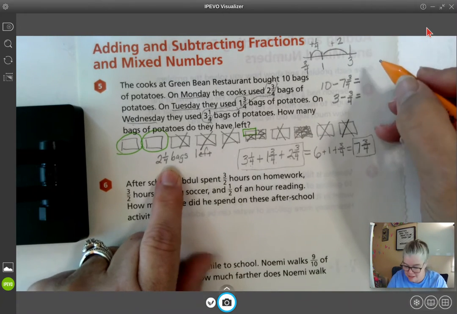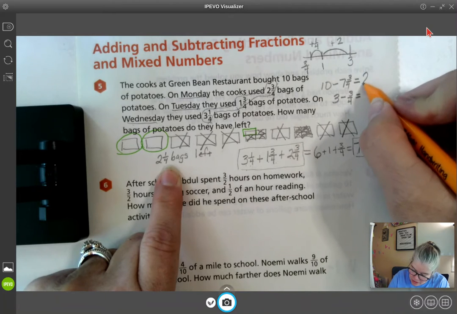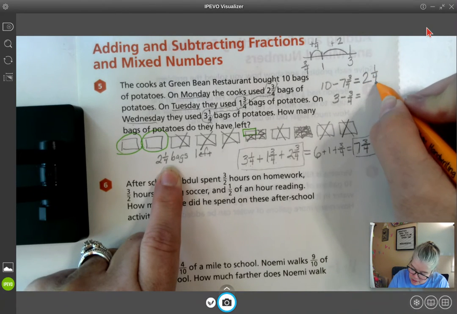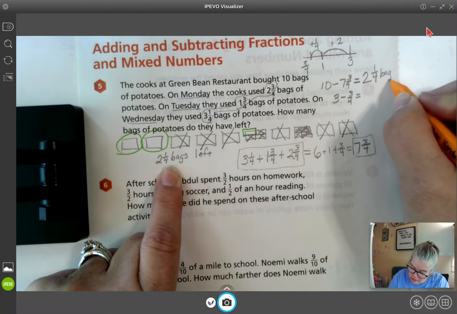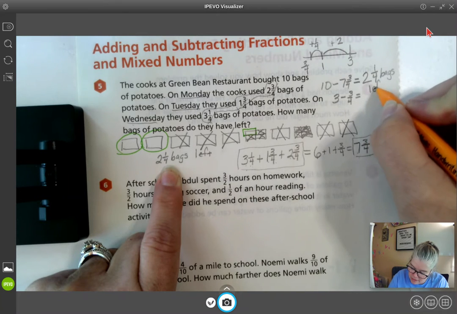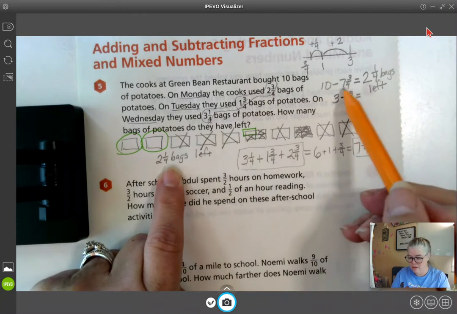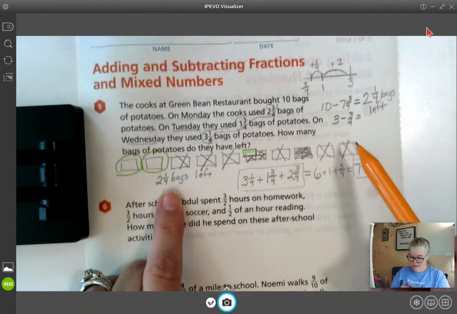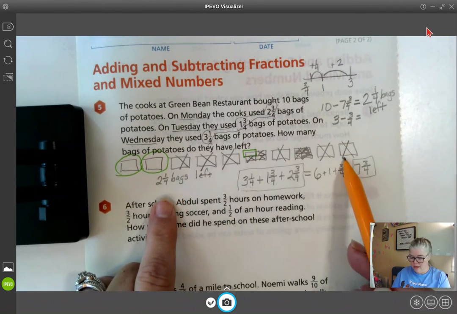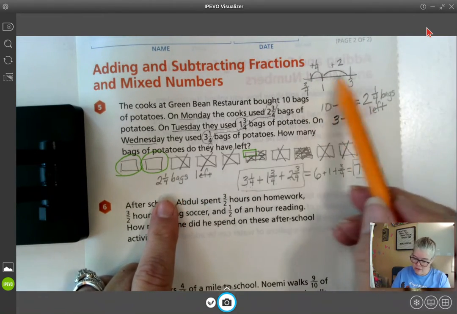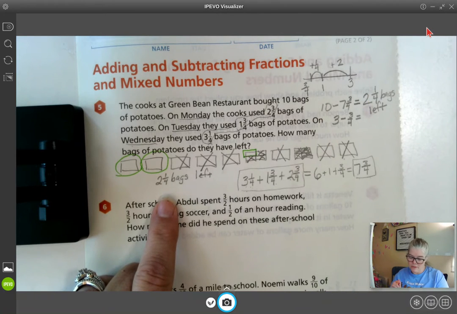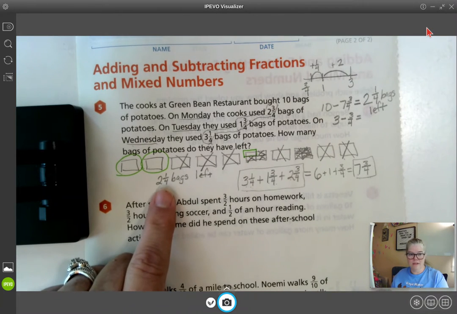Hey, look, it's the same answer. 2 and 1/4 bags left. I got my same answer in 2 different ways. So I used my draw it out strategy, and I also used my open number line strategy, and both strategies got me the same answer.